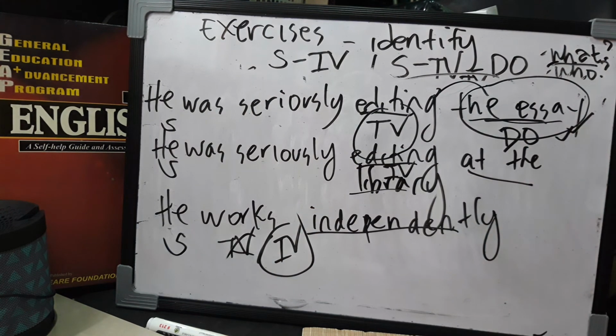So this is just a simple or a short discussion on some exercises regarding sentences using what? SIV or STVDO. So I hope, guys, this could also add some clarification if you have been confused on how to make an SIV and STVDO.